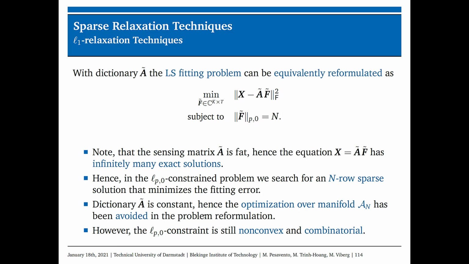In this equivalent problem formulation, we have avoided the optimization over manifold A_N that we used before, as now we have a fixed dictionary A tilde. However, the Lp,0 norm constraint is still a non-convex and combinatorial constraint. And we need to search over the set of all N row sparse matrices in practice, which is equally difficult.